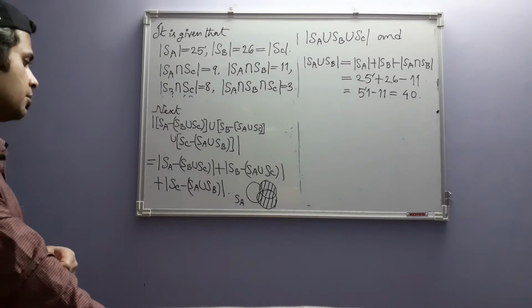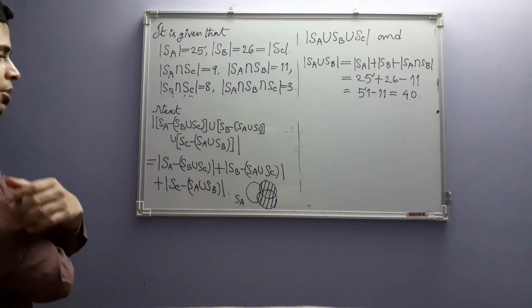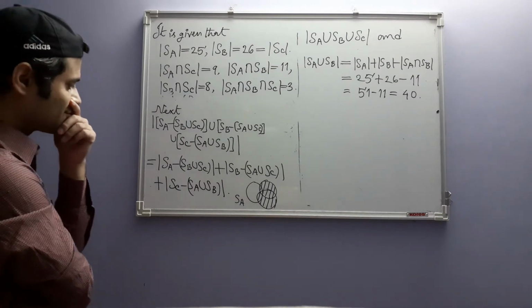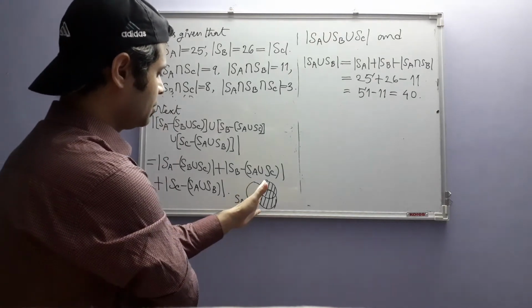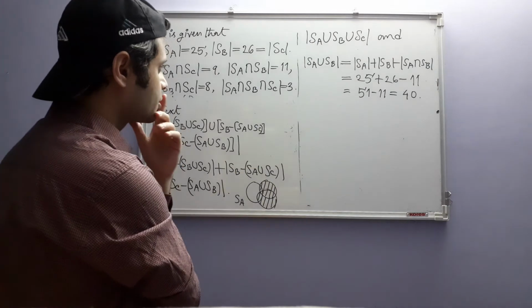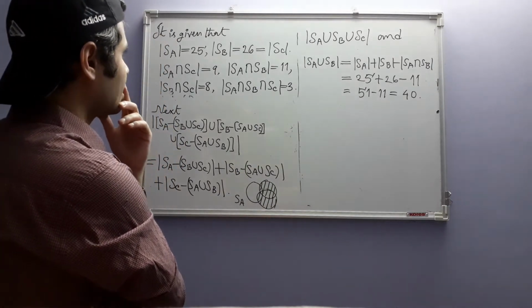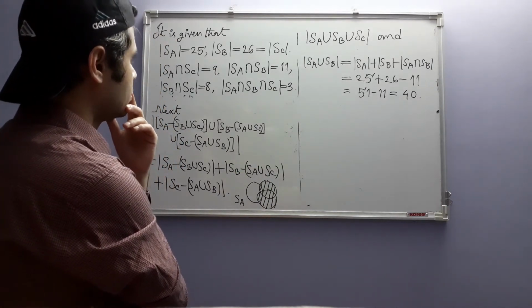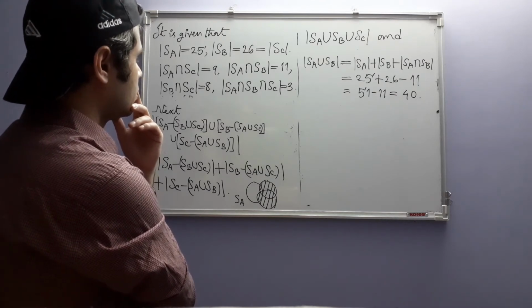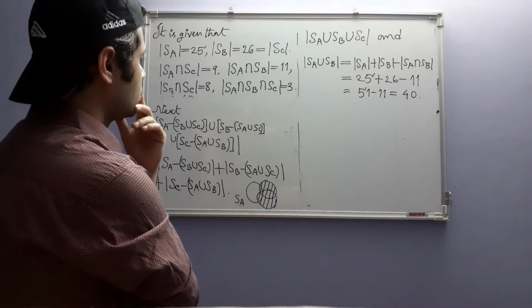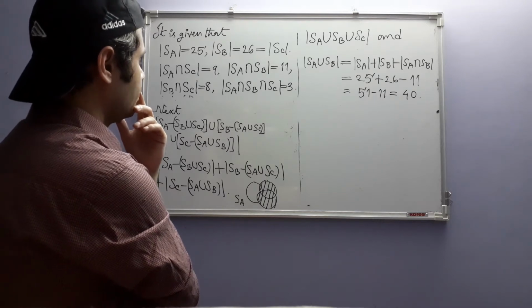But we cannot subtract this from the cardinality of SA, because then we will be subtracting some extra elements. So what has to be done here? Exactly one element.